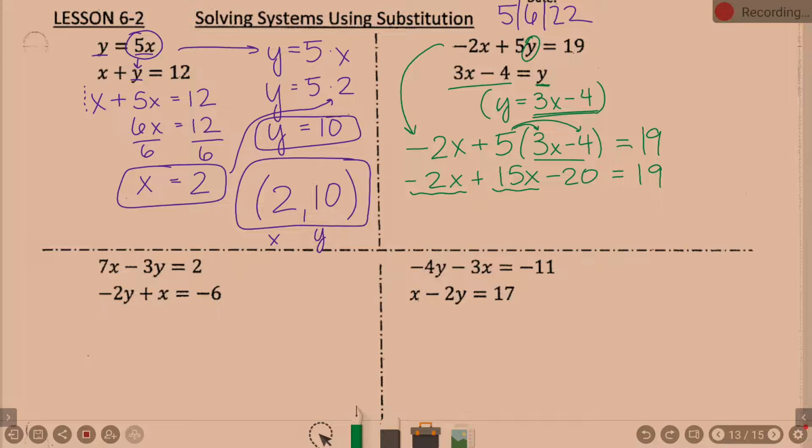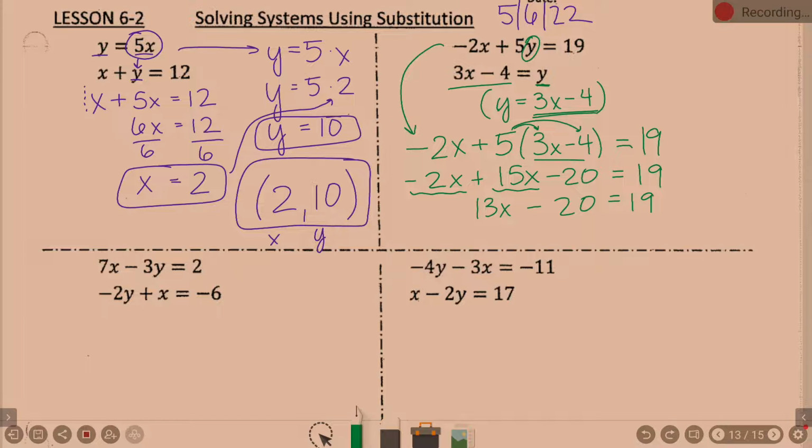No. On the same side of the equation, I have negative 2x plus 15x, so those are on the same side. So what is negative 2 plus 15? 14x. No. Negative 2 plus 15 is 13. So negative 2x plus 15x is 13x, carry down minus 20, and equals 19.